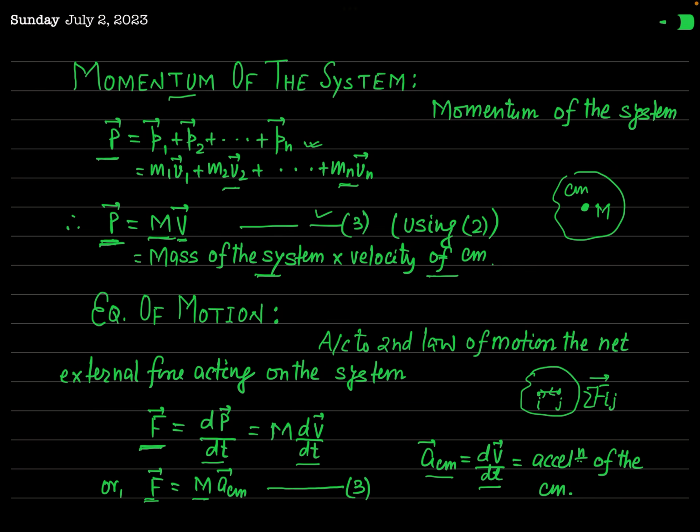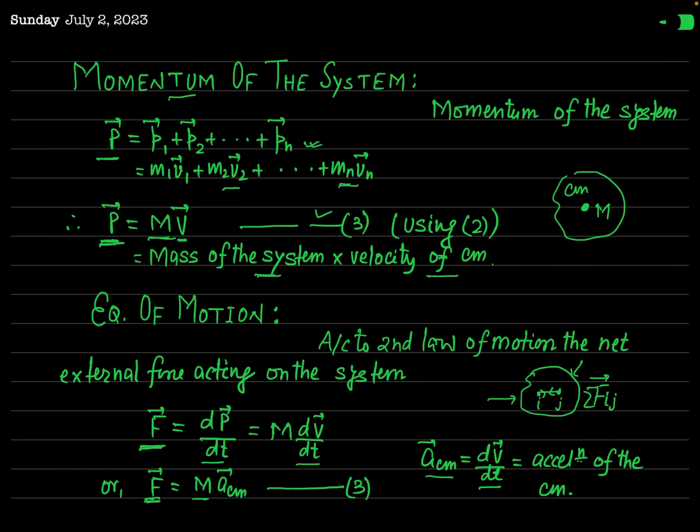So, when you talk about the system of particles, then in your calculation, in net force, only external force comes into the picture. The internal forces cancel out. So this F represents only the external forces acting on your system. Okay, and this represents the equation of motion of our center of mass.